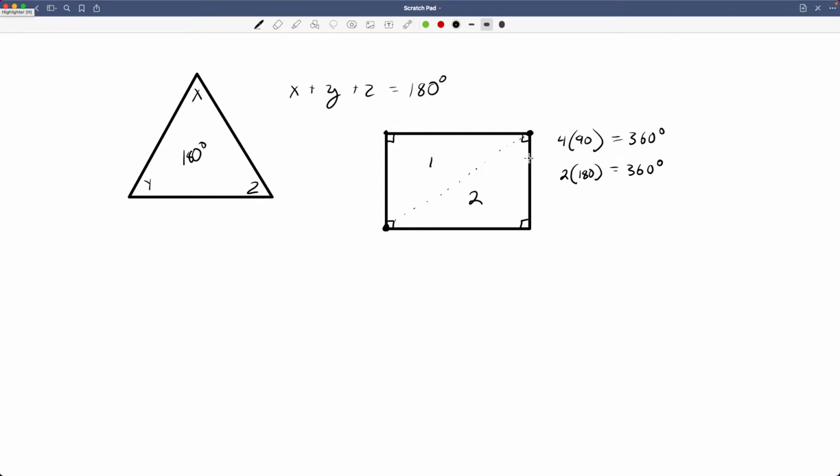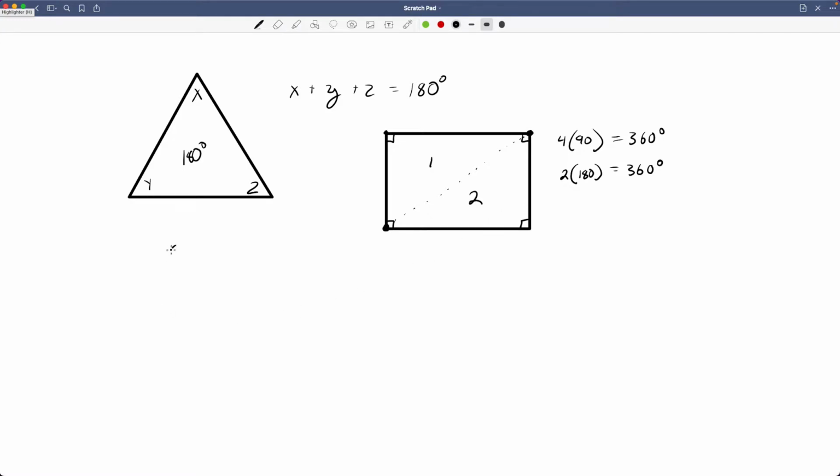So that shows in a shape that we know the degree measure of the shape, that the triangulating property works. It works for us. Or what about in some other shape? Well, first of all, let's determine what this means to us. We have 4 sides here, but we only got 2 triangles. Is it always half? Do we always get half the number of triangles that we do sides? Let's see what that means.